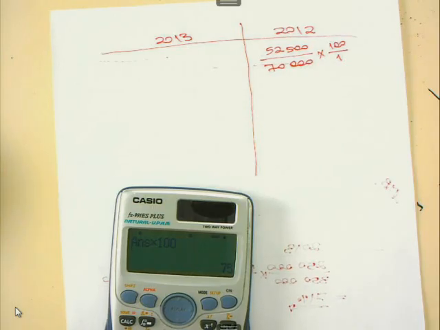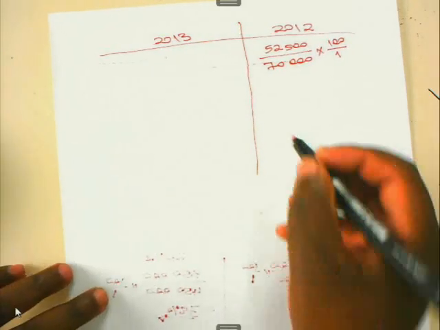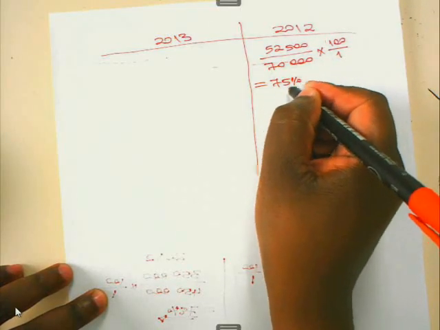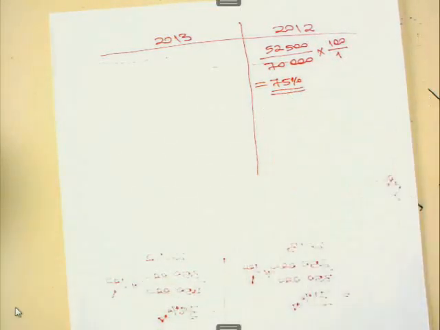It's 75%. For 2012, the gross profit on cost of sales, the profit we earned for the 1 rand we spend on buying those goods and services was 75%.